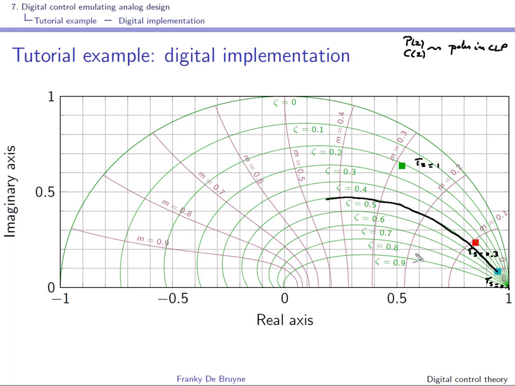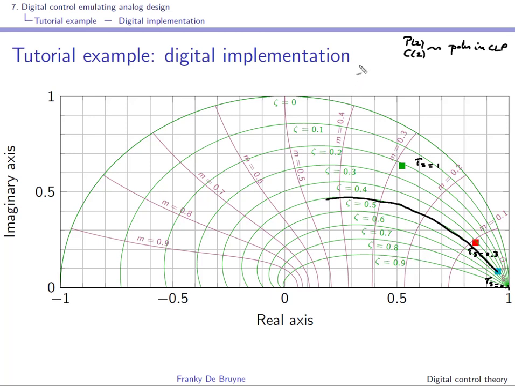This is the result of the zero order hold mechanism that has introduced a delay of roughly Ts over 2. So the phase margin is much smaller than expected.